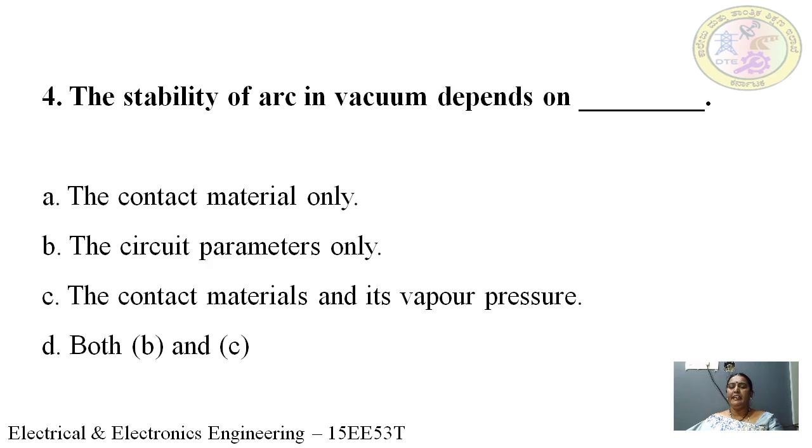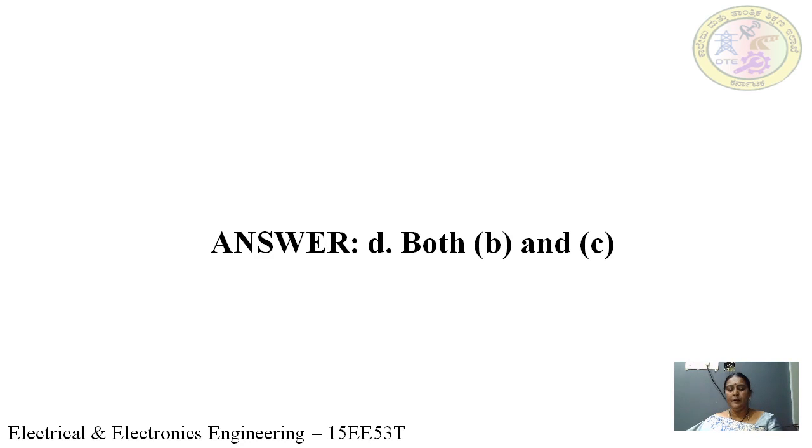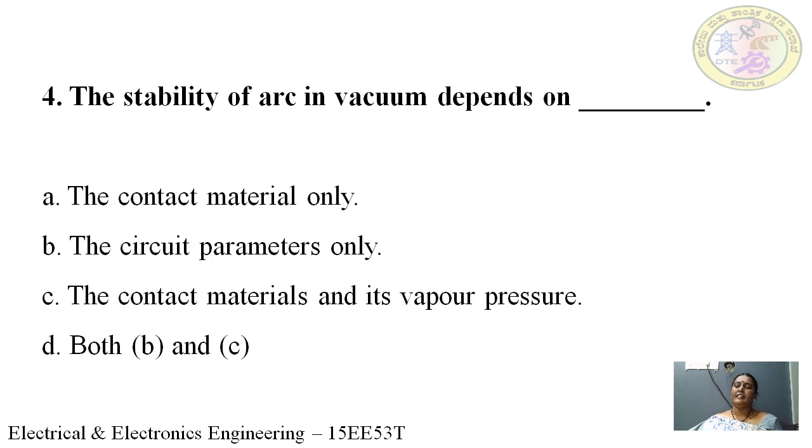Next, the stability of an arc in a vacuum depends upon contact material only, circuit parameters only, contact material and its vapor pressure, or B and C. Here the answer is B and C. The stability depends upon the circuit parameters and also the contact material, because the contact material is the one on which the arc extinguishing depends, and arc extinguishing also depends upon the vacuum pressure.